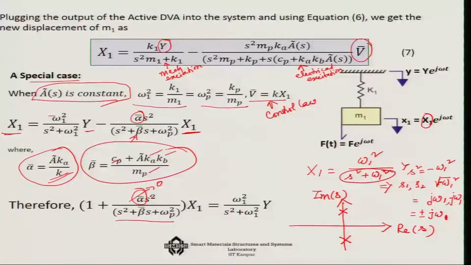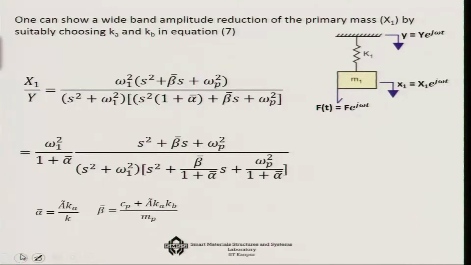If I introduce the alpha bar, what may happen to the system? In that case we can write this whole equation together, and we are going to see that we have a numerator in which we have 2 zeros, and a denominator in which we have 2 poles here which are undamped, and 2 additional poles.